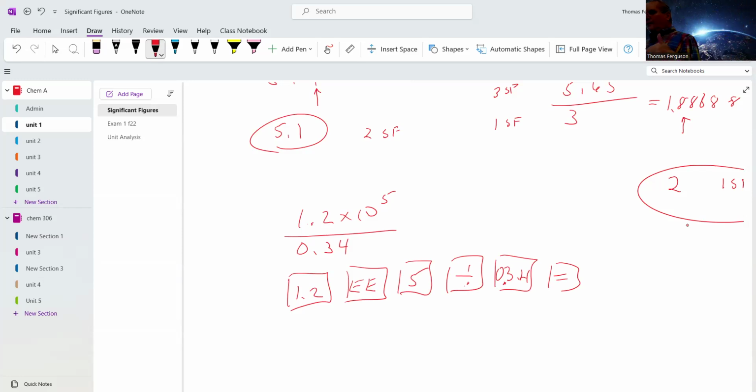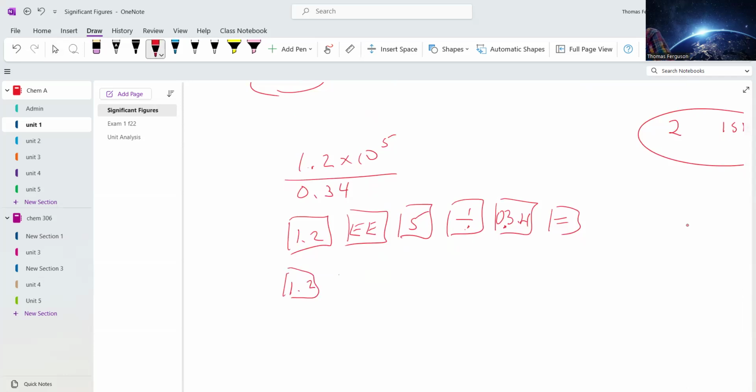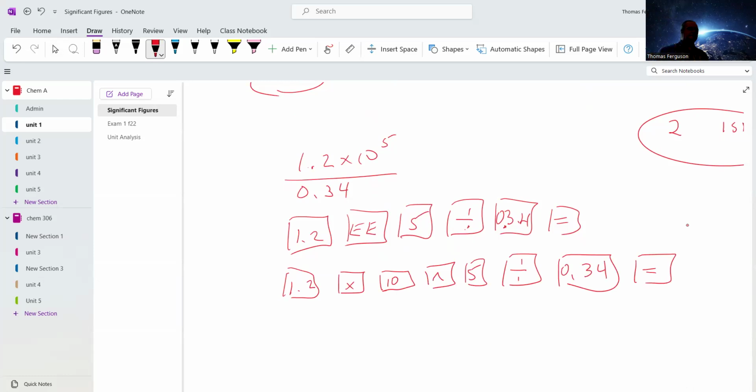If you do this problem without using the EE key, this is the way you'd have to do it. So the EE saves you strokes. If you have an EE on your calculator and you don't want to use it, it'll take a few more steps, but you'll get the same answer.